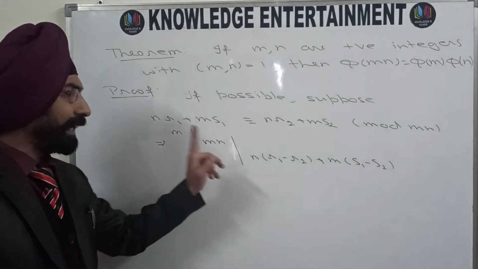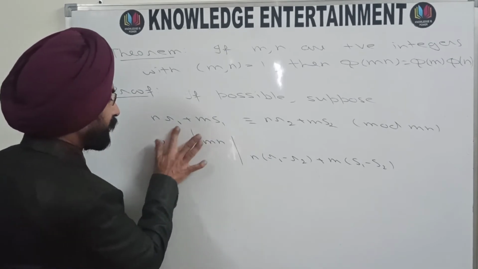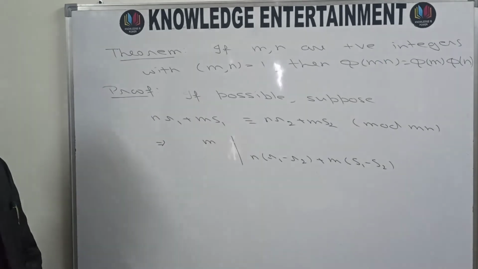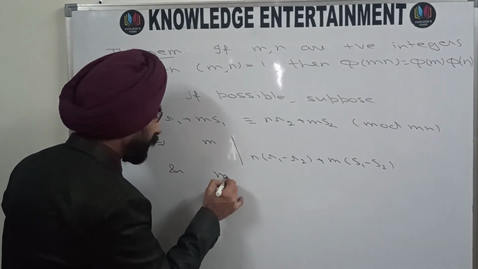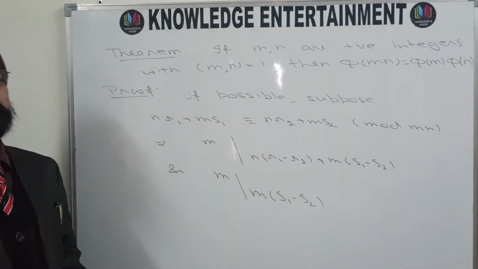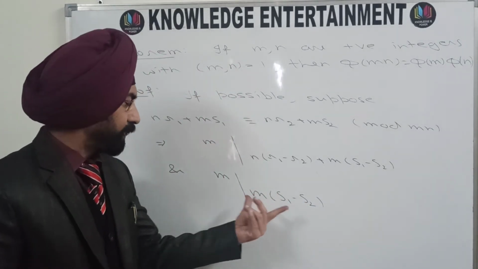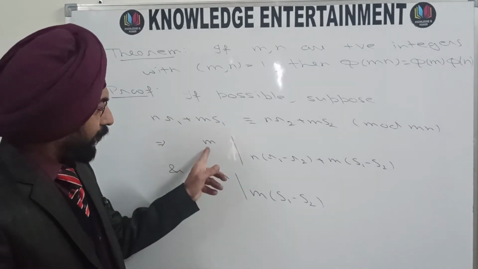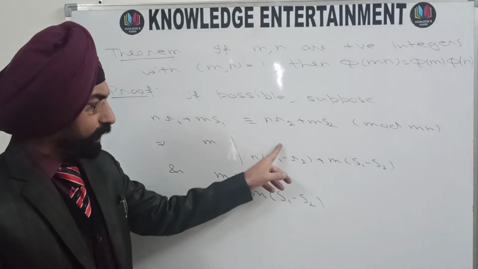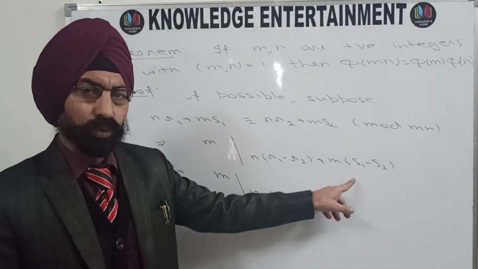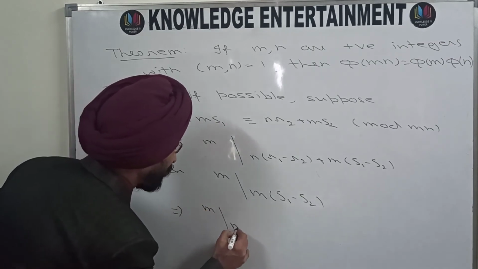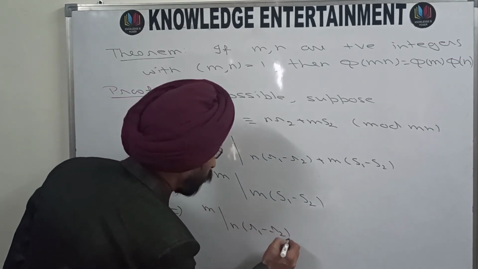So you can directly say that m divides this quantity. And m already divides m times (s1 minus s2) because it is a multiple of m. Every multiple of m is divisible by m. Now m divides this, so m must divide their difference. And when you take the difference, these two will be cancelled out, and what you are left with is: m divides n times (r1 minus r2).